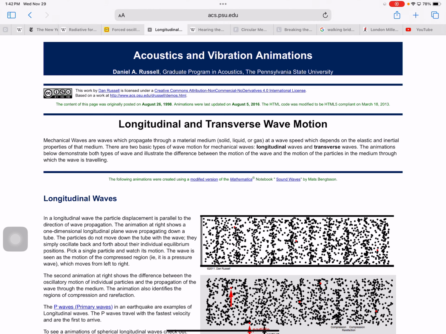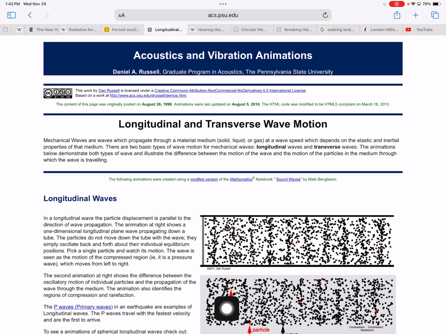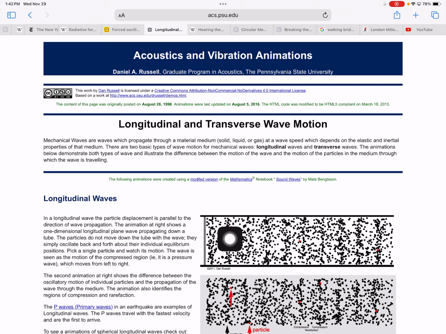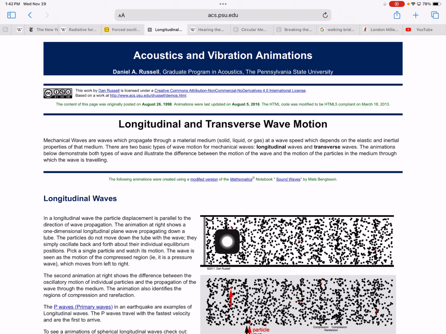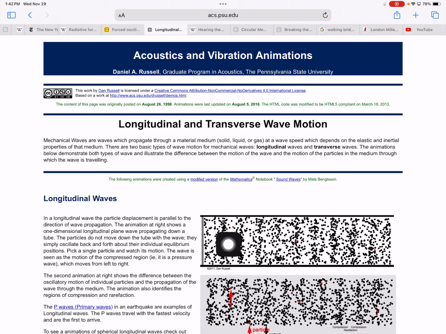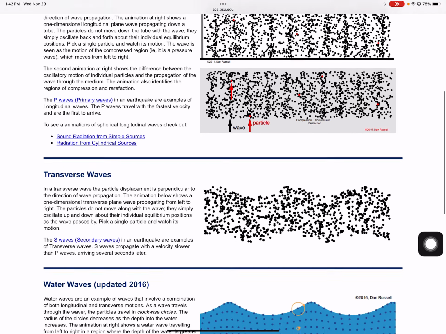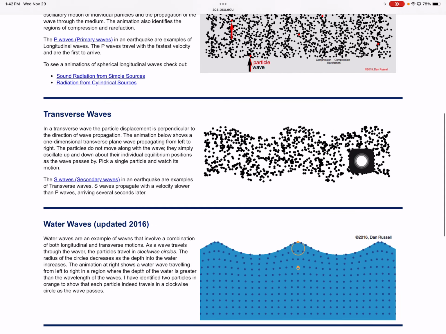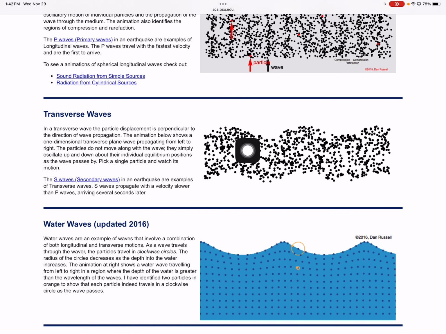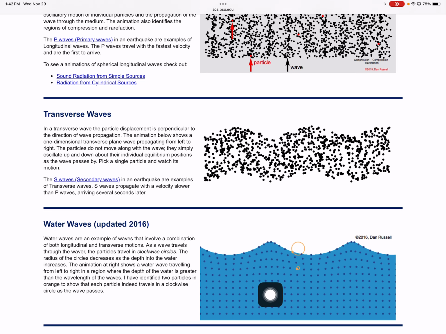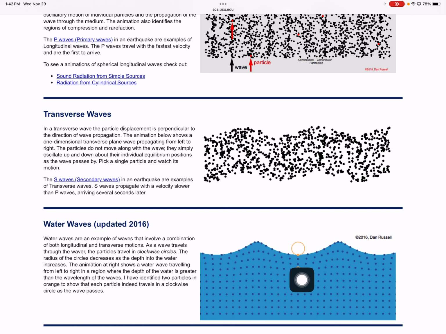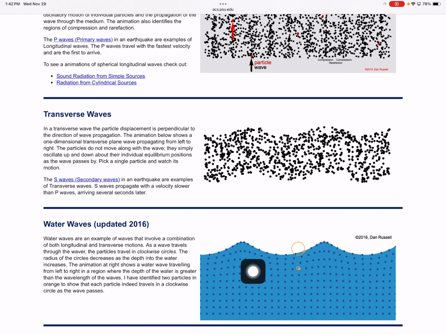All right, so you see the wave is traveling in that direction, and if you look at each particle, they're oscillating in a direction parallel to the direction of travel. Those are longitudinal waves. In a transverse wave, the wave travels that way, and the particles oscillate perpendicular to this. Water waves that we all experience are complex waves.